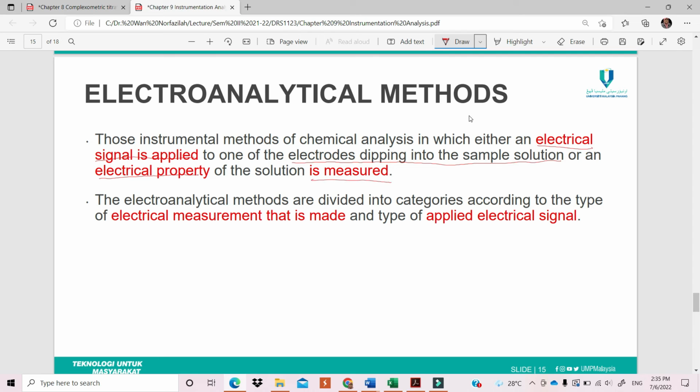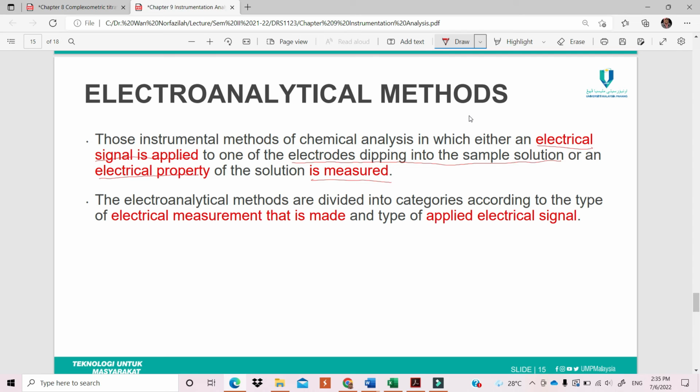So those that use an electrical signal to electrodes dipping into the sample solution are classified under electroanalytical methods, or where the electrical property of the solution is measured, still under electroanalytical methods.